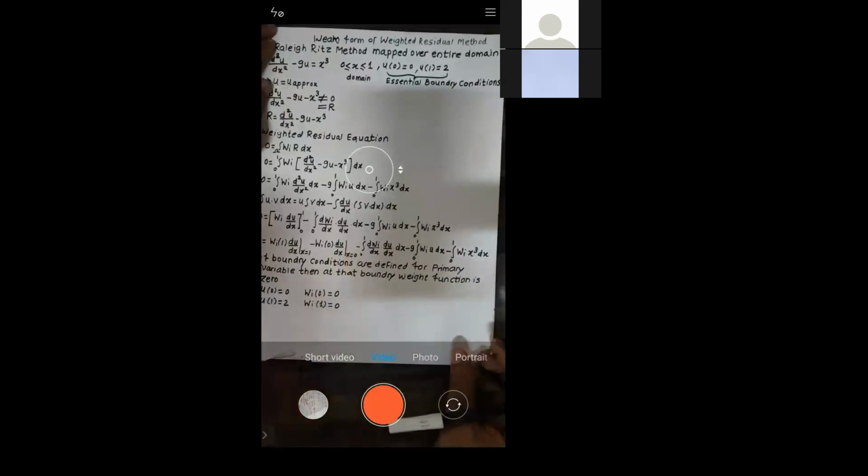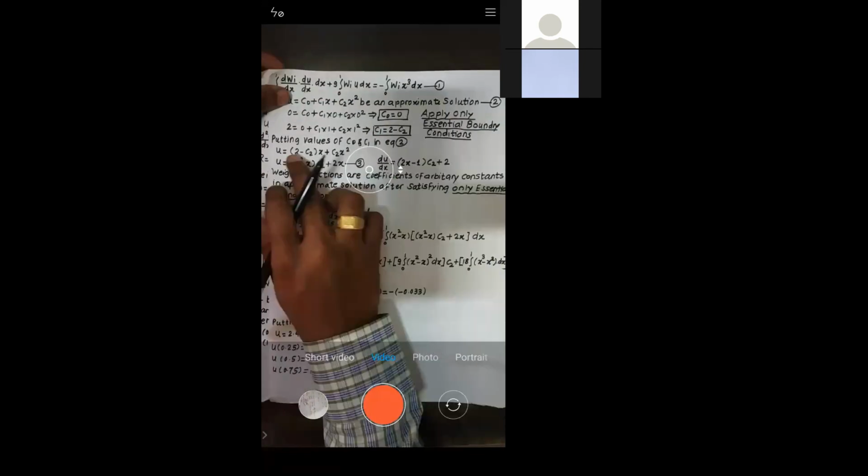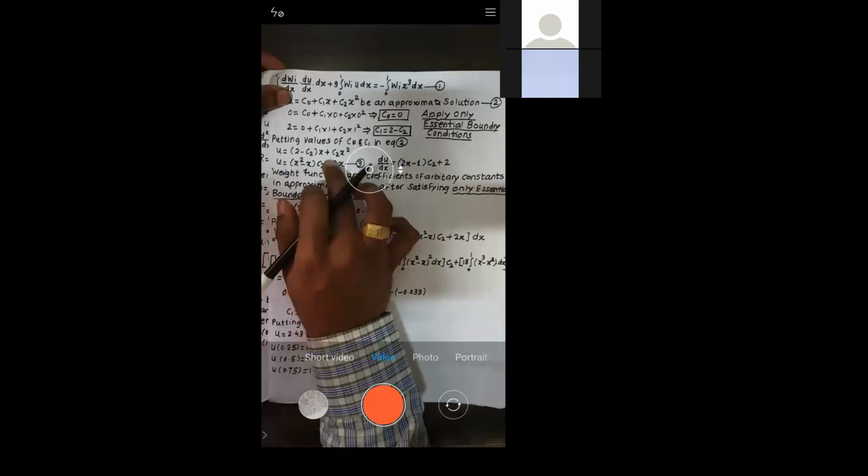Next, you should apply only essential boundary conditions, and with those you calculate the value of u, and in the equation of u, whatever constants you have, their coefficients are nothing but weight functions. Understood? Is it okay or not? Yes, sir.